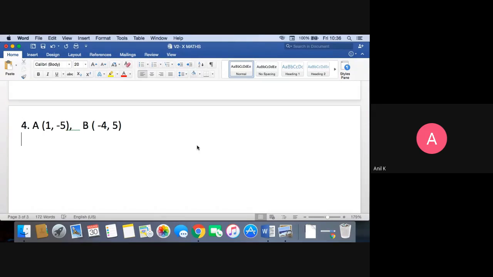So here we have the points and we have to find the ratio, m to n equals how much. This is the ratio I have to find.